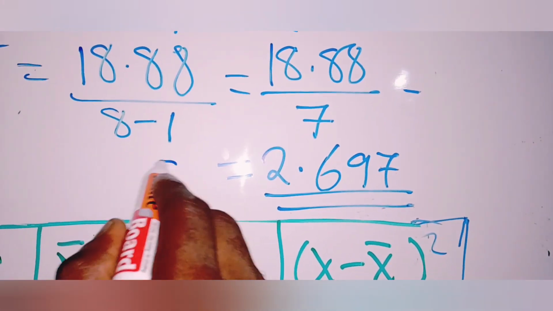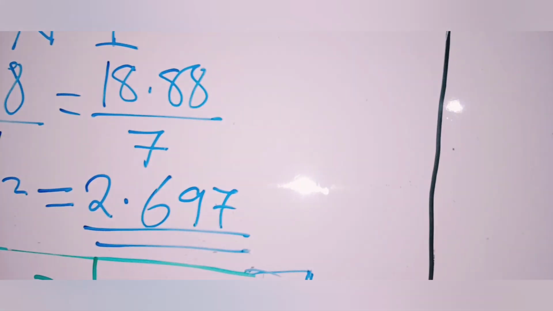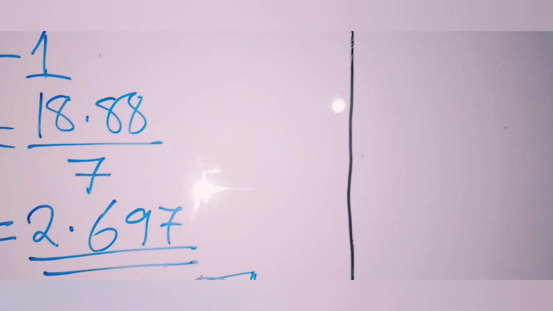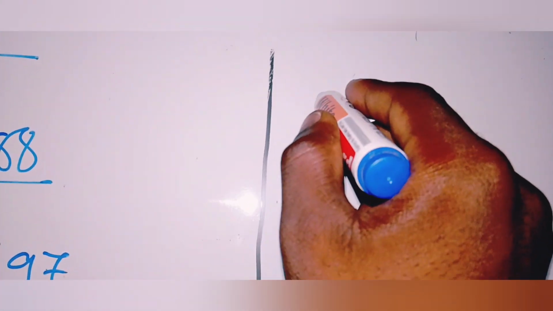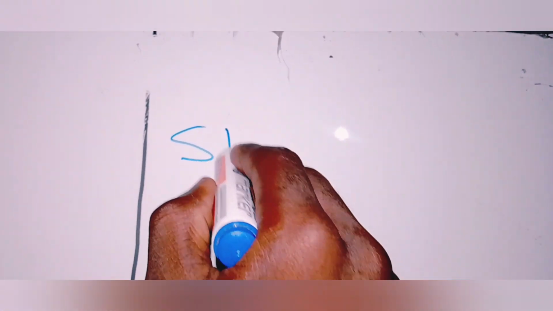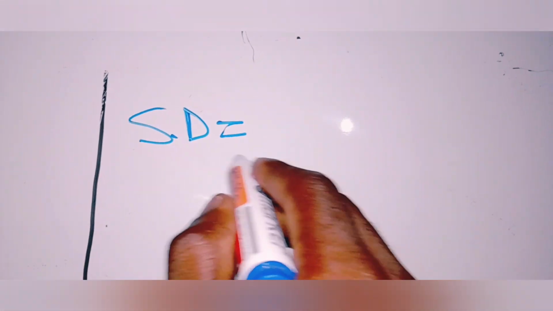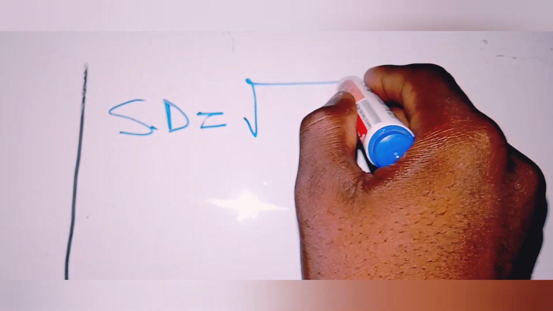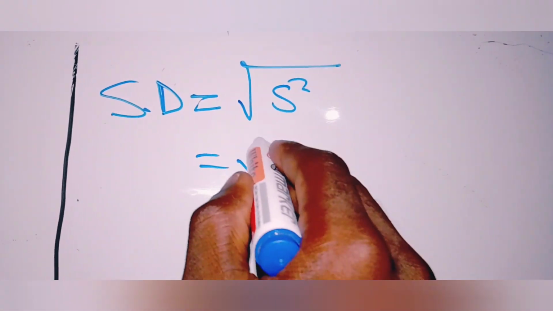Remember I said when looking for the standard deviation, it is the square root. Standard deviation is given by S or SD. It will be equal to the square root of the variance. So what is our variance?